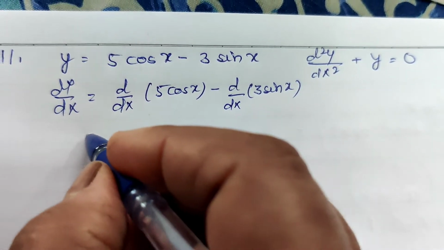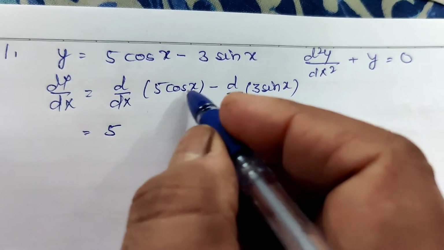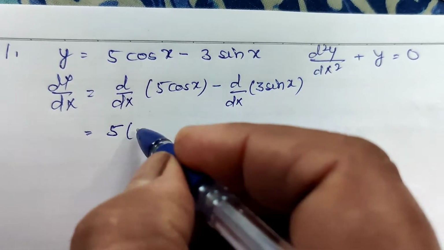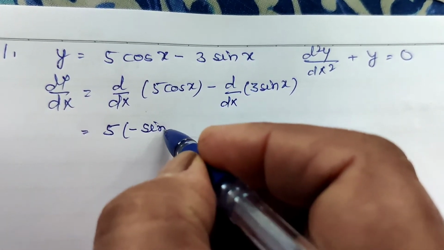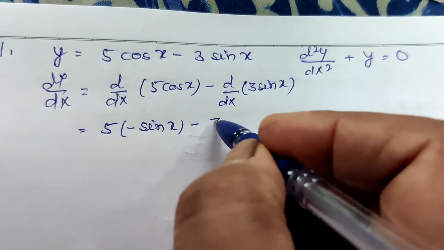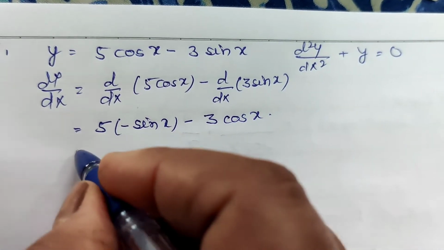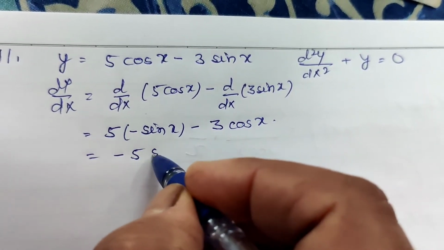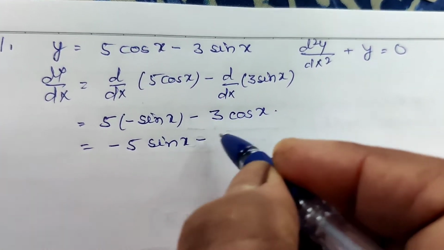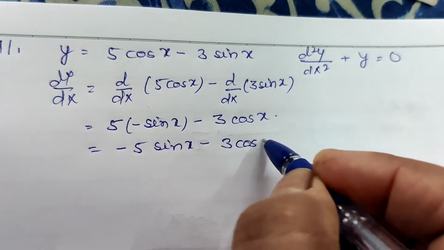It is equal to 5, differentiation of cos x is minus sin x, and minus 3 cos x. It is equal to minus 5 sin x minus 3 cos x.